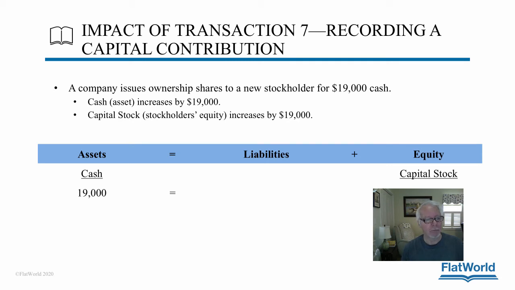What has happened here? Well, 19,000 in cash has been infused into the company. There it is, an asset, cash, goes up. What happens on the other side? Well, that's equity money. A shareholder has just gained a bigger equity position in his or her company. Okay? So equity goes up, an increase of 19 grand over there.